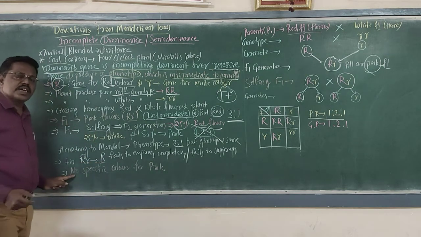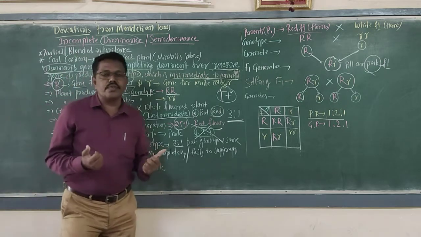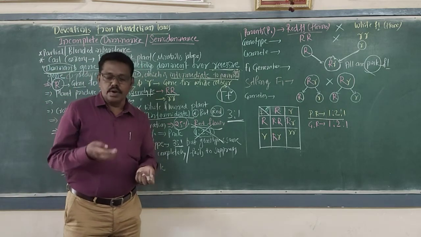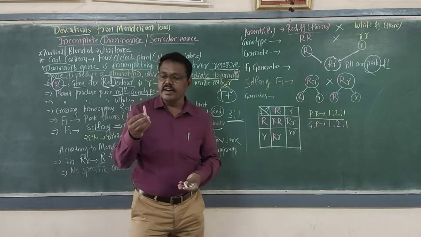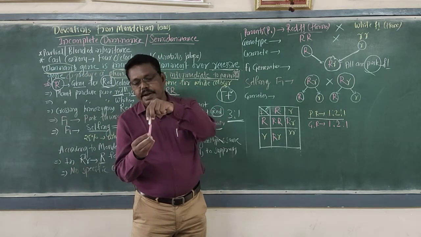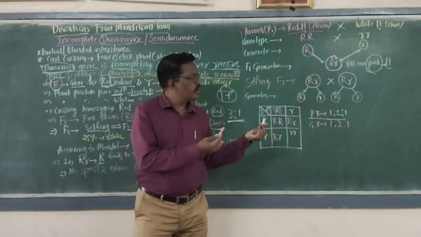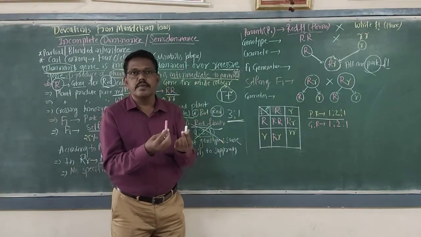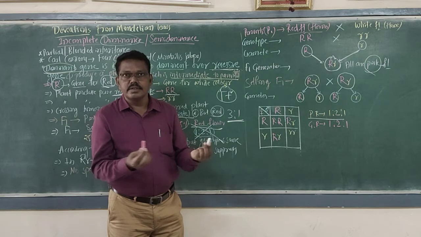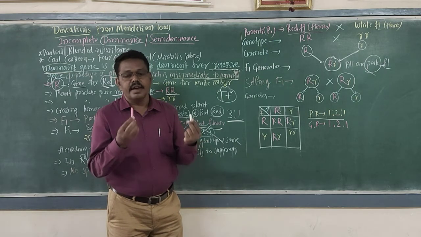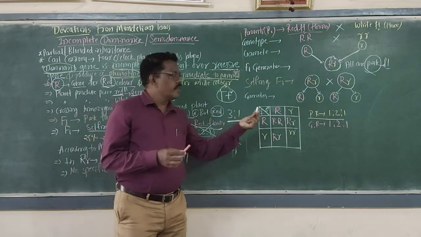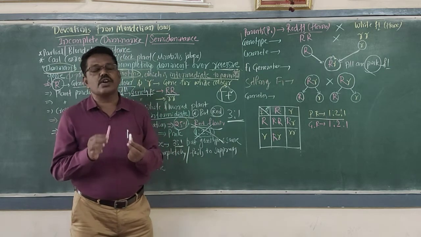Here you must ensure there is no mixing of capital R and small r. When within the red paint we add white paint, we get pink paint. But here there is no intermixing of the genes. Genes are not paint. Hence, in this condition there is no intermixing of genes.